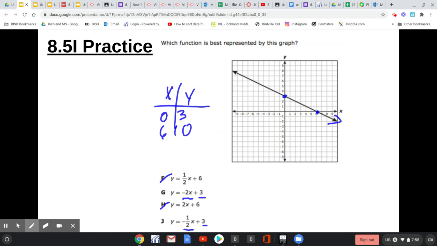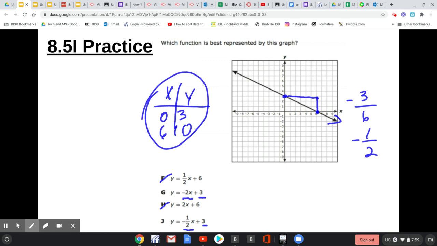Nevertheless, let's go rise over run. So I'm going to go up 1, 2, 3. I'm going to rise 3, and I'm going to run 1, 2, 3, 4, 5, 6. And we know it's negative because the slope is going down. If we reduce that, we're going to get -1/2. Not sure why this didn't work. Nevertheless, your answer is J.